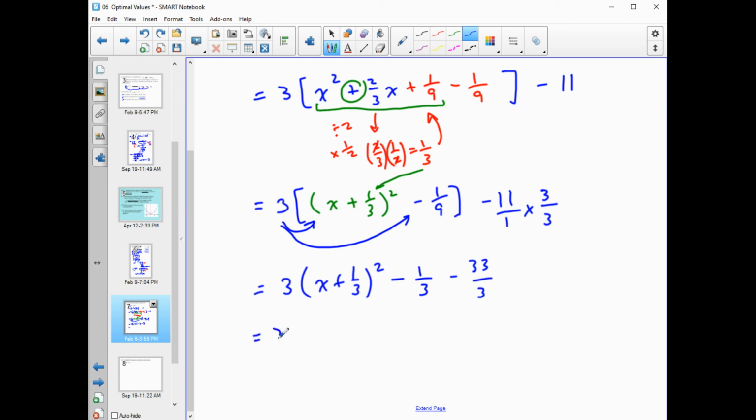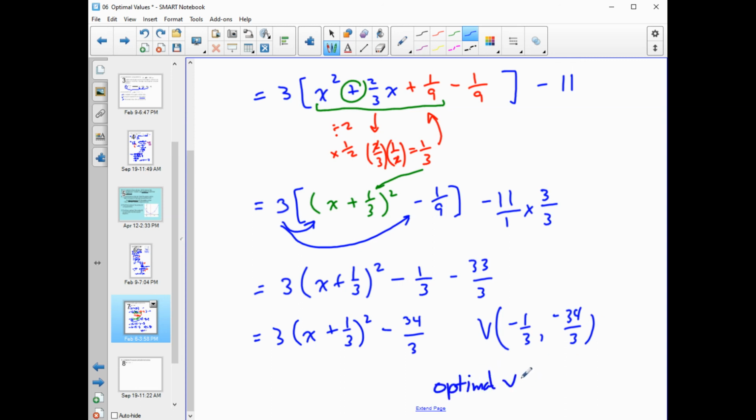And so we end up with our final answer in vertex form. That becomes -34/3. And remember, it is the y-coordinate, so this has a vertex at -1/3, -34/3, and the optimal value is the y-coordinate of the vertex. So the optimal value is -34/3.